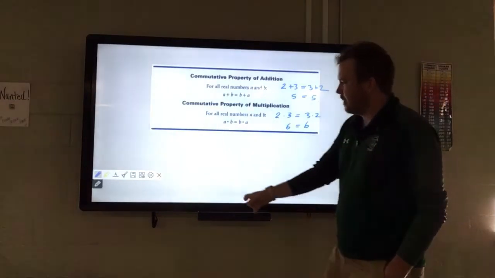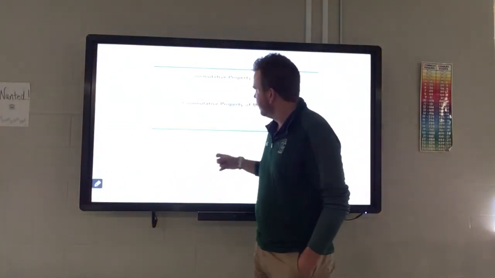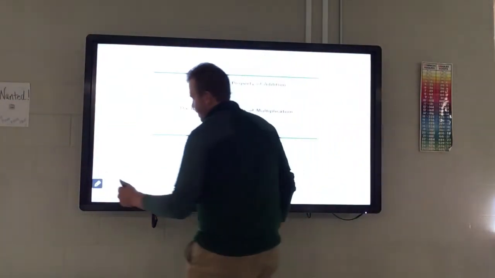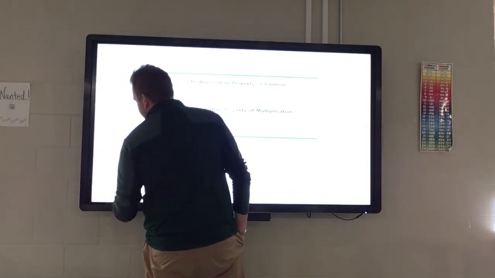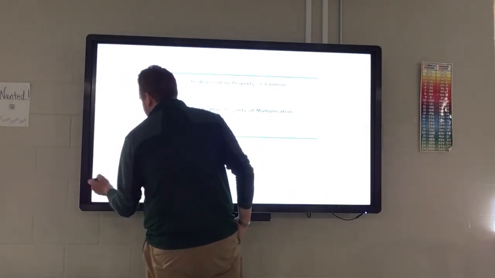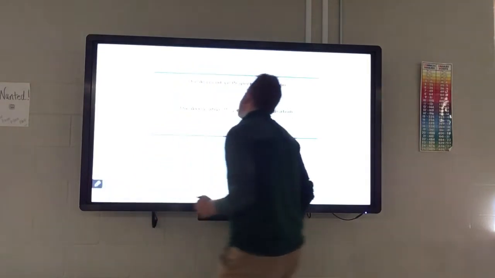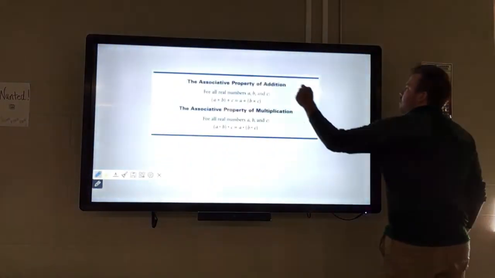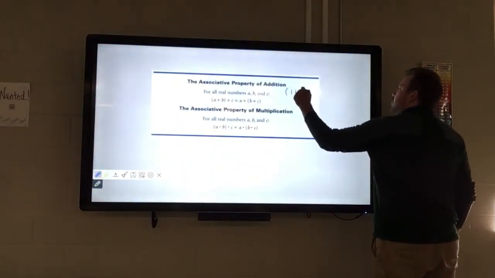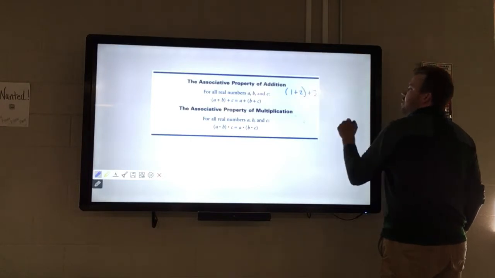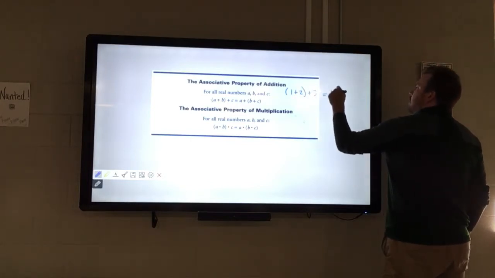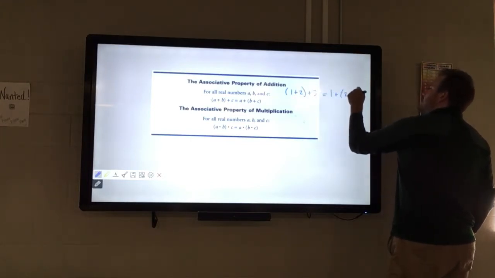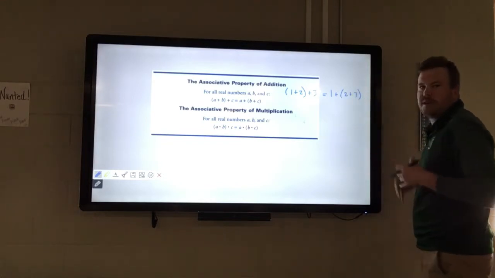The next property is called the associative property. This one helps us change the order we're adding. So if we have 1 plus 2 plus 3, that's equal to 1 plus 2 plus 3, grouped a little bit differently.